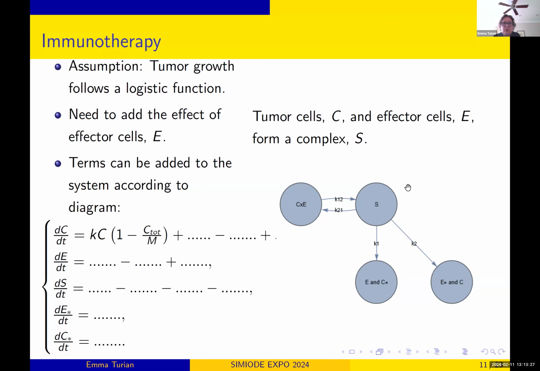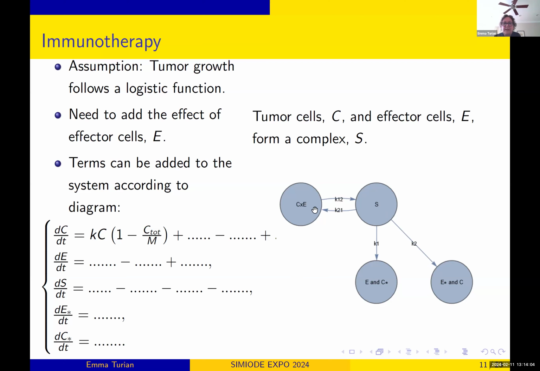So we look at the diagram and locate C. C appears in 2 spots in here, but there are 3 arrows: two of them going towards C and 1 of them away from C, and we add the terms according to the arrows going towards or from the C. So terms are added to the system according to this diagram, as is the complexing.